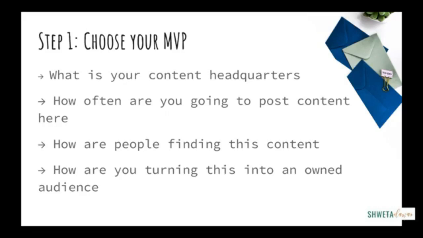By doing lives, videos, interviews, all of those things. So that one platform where you are really focused is your content headquarters. You are going to create content for this platform, and then you're going to repurpose that content on other secondary platforms. So your MVP is your primary platform.